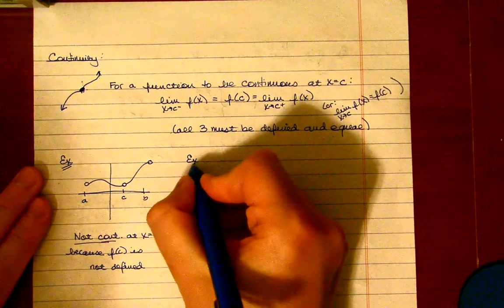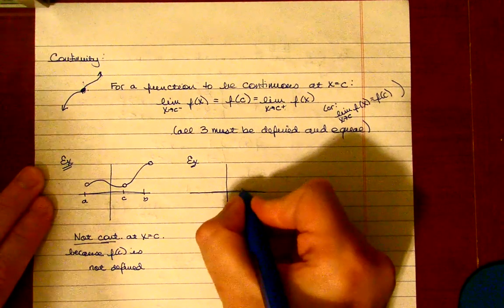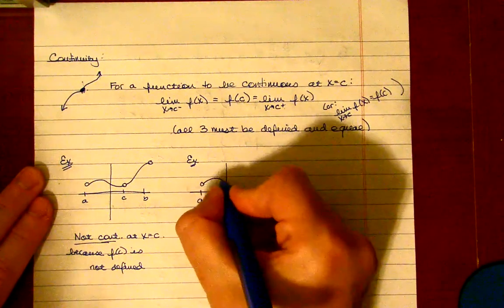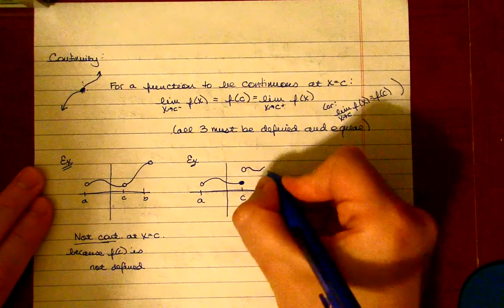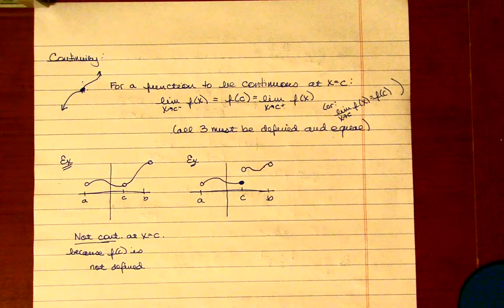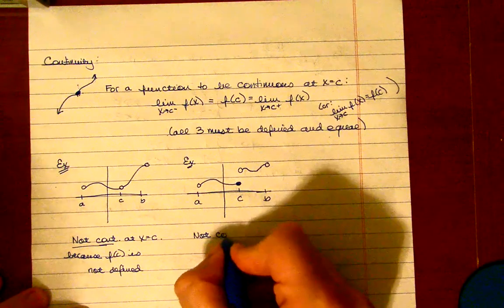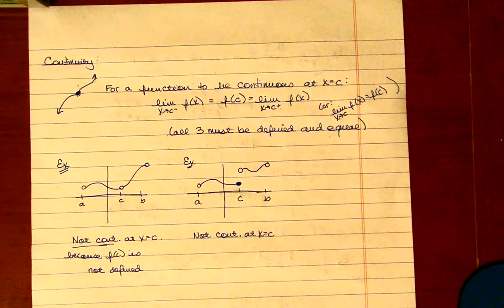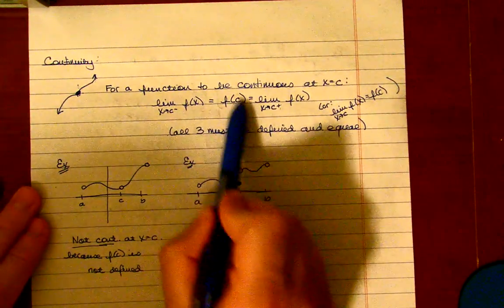Next example. Let's take a look at a graph that looks like this. I'm going to fill that in so I don't have my not defined problem anymore. Again, though, I hope you realize we're not continuous at x equals c. The problem here is if you look at this three-part equality, these two things, sure, they're equal.